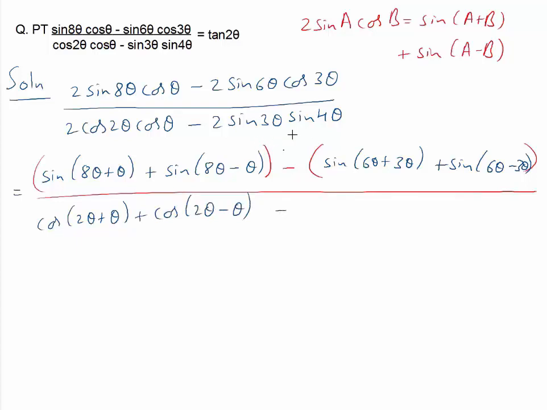So the last part is 2 sine A sine B. So this would be cos of A minus B, so that's 3 theta minus 4 theta, minus cos of A plus B.